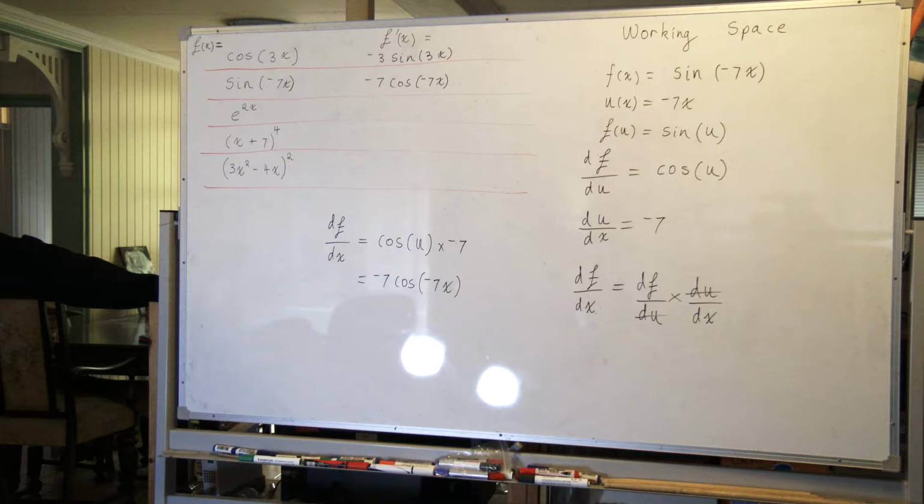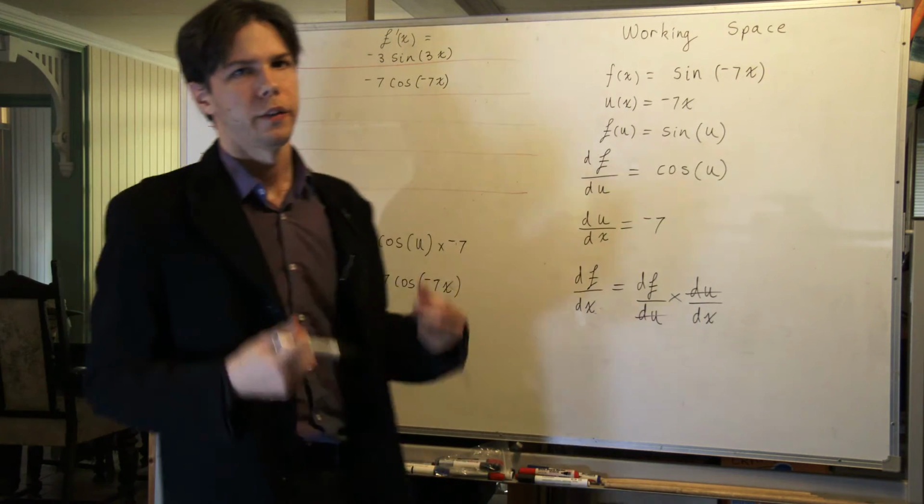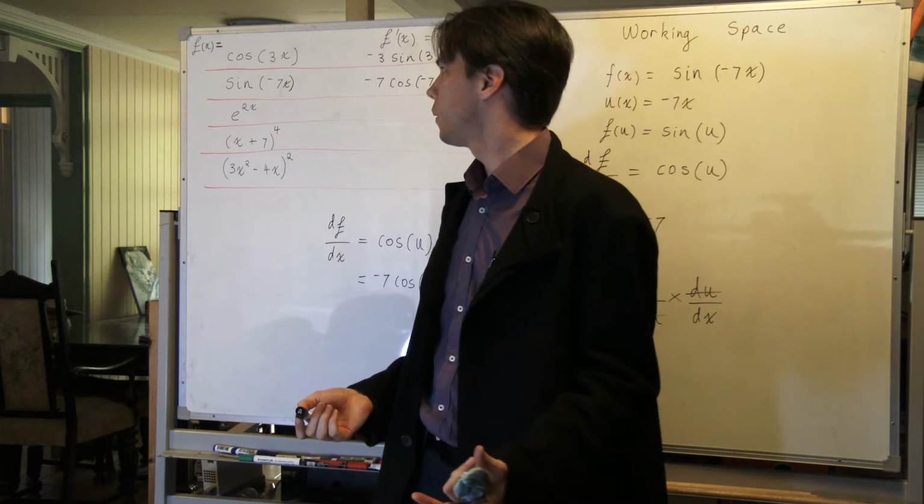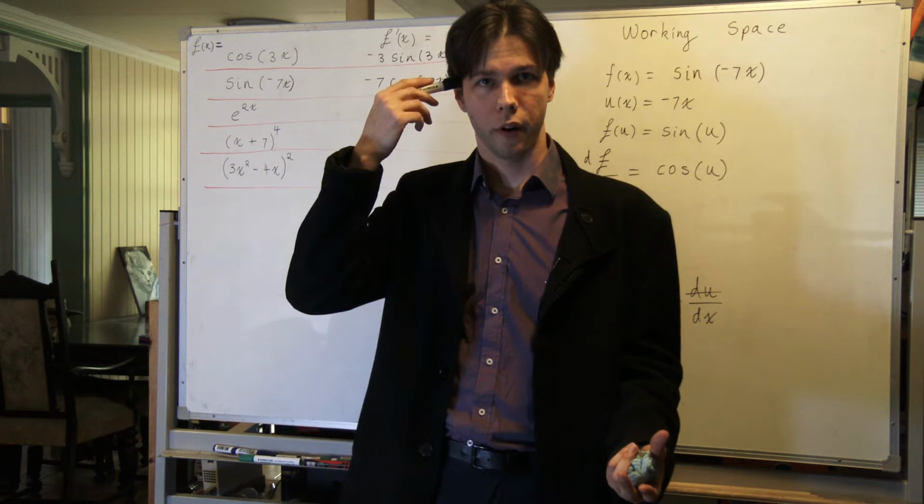So in the course of your maths education and career and life, you will do a lot of these questions and you'll get to the point where you say, okay, I can remember it now.